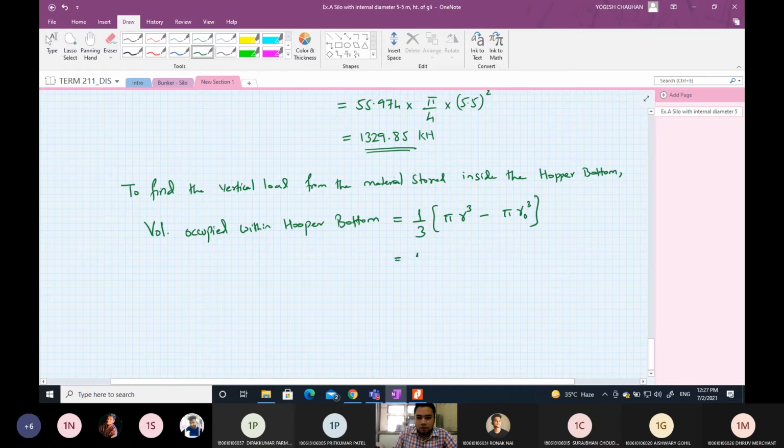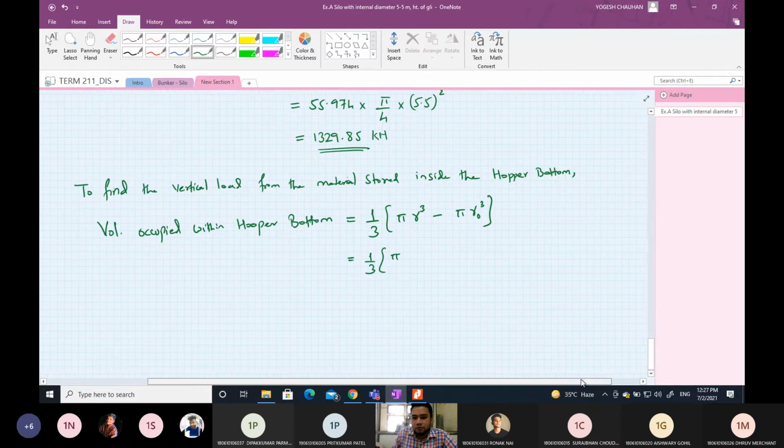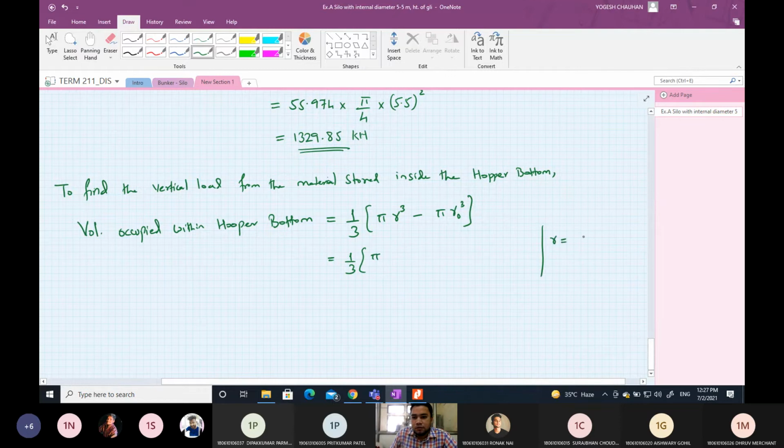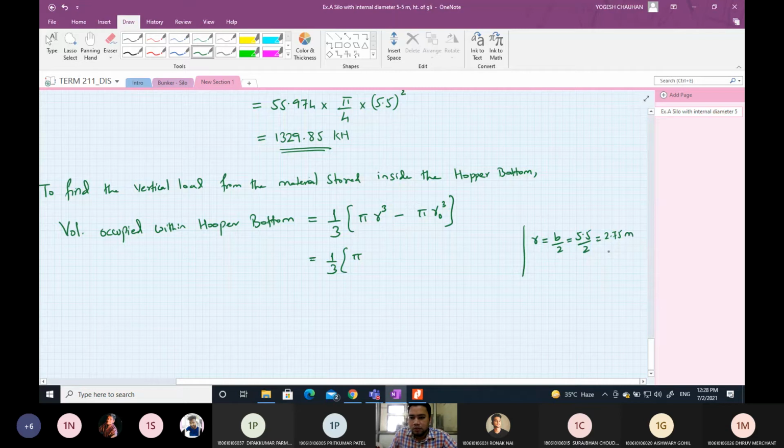So here it will be 1 by 3 pi r cube, where r is equal to b by 2, that is 5.5 by 2, that is 2.75 meter, and r naught, which is the opening, is 0.5 by 2, that is 0.25 meter.